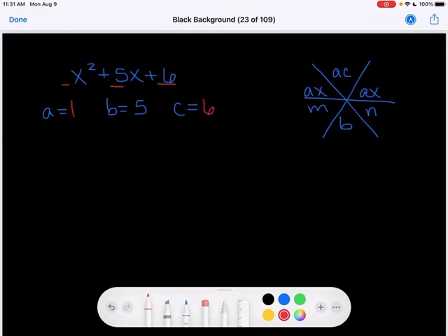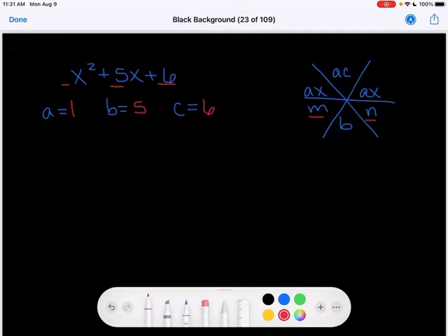Again, this b is 5. Let me write it in red. So that's where the values over here are coming from. A times c. Ax is just the x squared, this portion right here, without the square part. And b is, again, the coefficient of x. M and n, this is the work that you're actually going to have to do here.